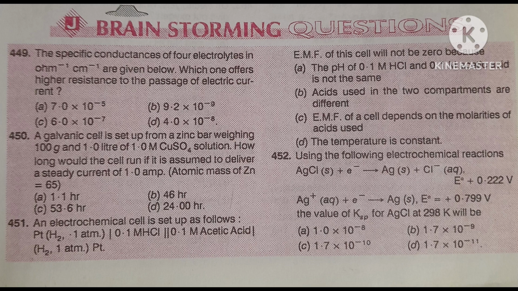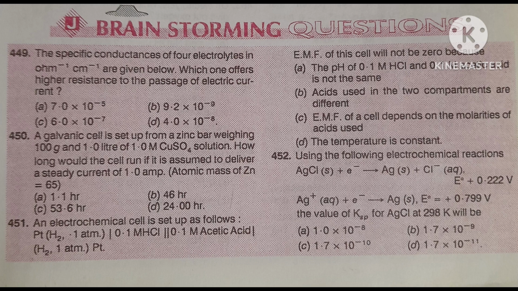Now, the next question I am telling you is question number 450. 449 I told you, now next question 450. Now I am reading. A galvanic cell is set up from a zinc bar weighing 100 gram and 1.0 liter of 1.0 m copper sulfate solution.